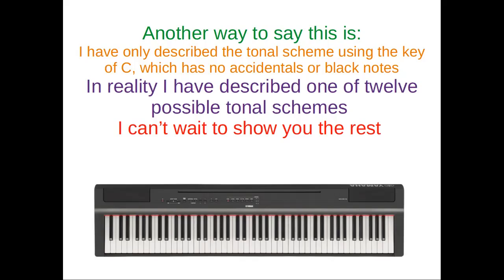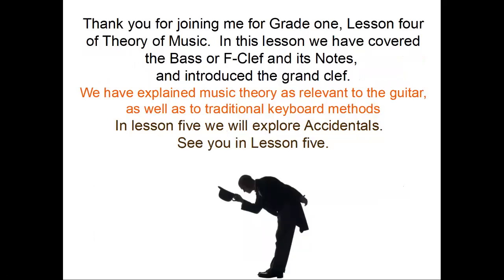Now we talk about the white notes and the black notes. Perhaps we should say on the modern keyboard, just to keep it accurate. So in reality, I have described one of the 12 possible tonal schemes using just the white notes. So there's actually 12, and I've showed you only one. I can't wait to show you the rest of them.